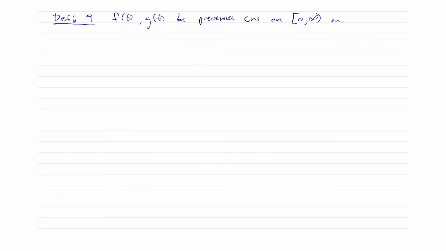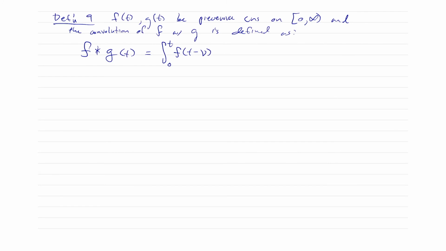And it says the convolution of f with g is itself a function, and we're going to write it as f star g at t. What we get is that this is the integral from 0 to t of f of t minus v, or nu, times g of nu d nu.